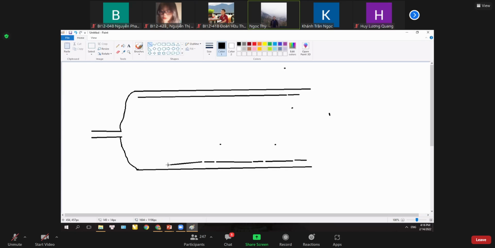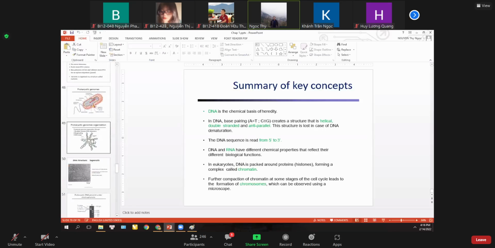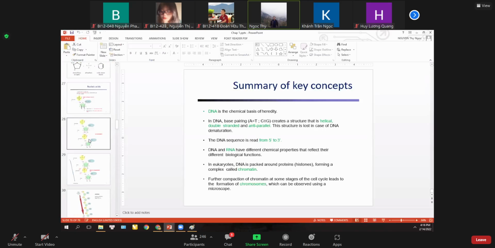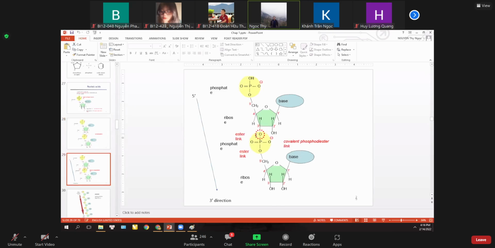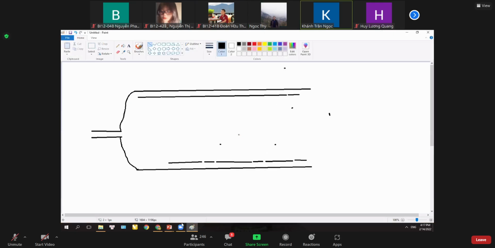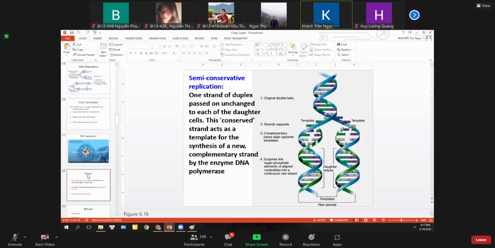Okay. So the ligase will seal the sugar and phosphate backbone. Do you remember in chapter 1? Otherwise we will have discontinuity like this instead of this. Okay. Great. Chapter 2.